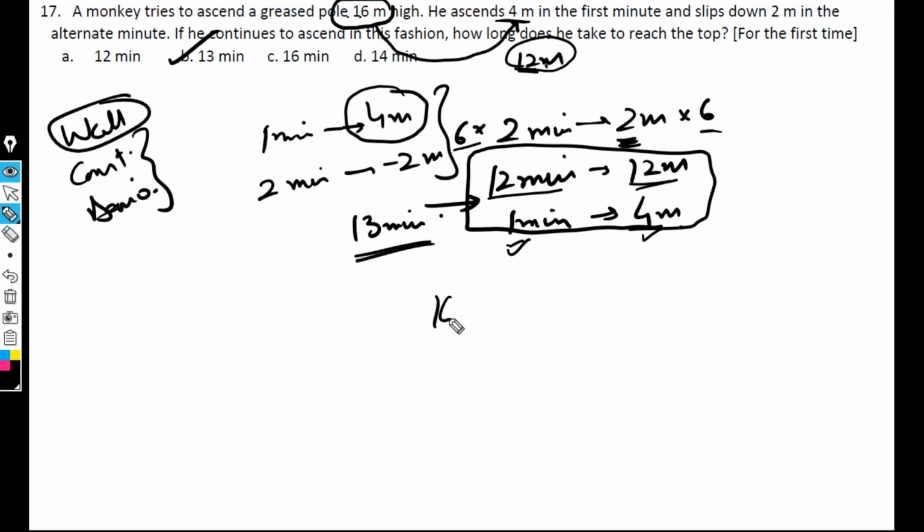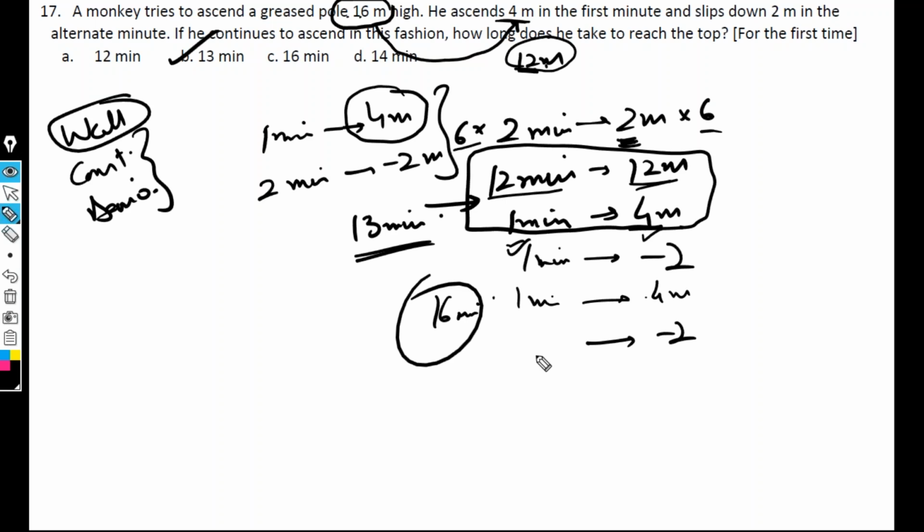So when you are giving your answer as 16 minutes, what you are doing is, in the next subsequent 1 minute, you are bringing it back 2 meter down. So after this, work left is another 2 meter. Again, you are taking it 4 meter above in the next minute, and in the next minute you are bringing it 2 meter down.